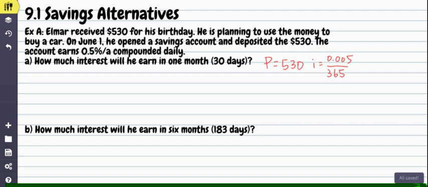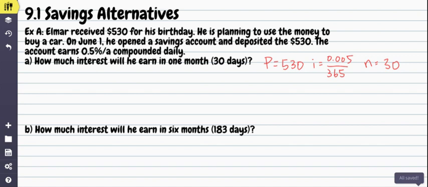Now, I know some years have 366 days if you have a leap year, but we always use 365 days for calculating these kinds of things. And it's going to be for 1 month, 30 days, so the number of compounding periods is 30. Okay, so we're using our formula, A equals P times (1 plus i) to the n.